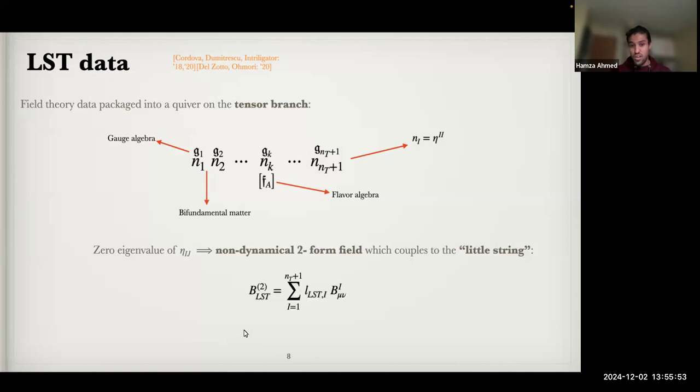This now generates what's known as a U1 global one-form symmetry of the theory. This adds to the global symmetry data of the theory, which is not a part of the SCFT and obviously not a part of the supergravity theory. The coefficients of this linear combination, the one that vanishes, are what are known as the little string charges.